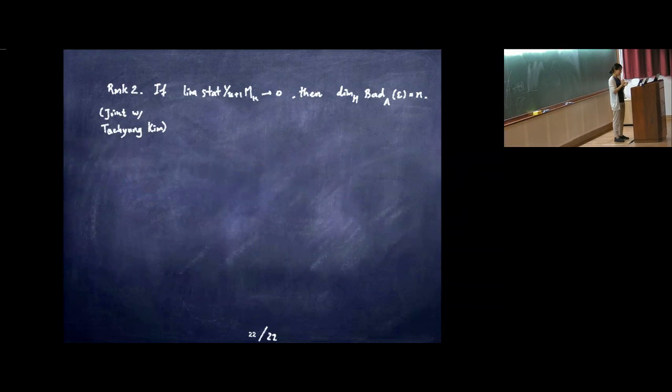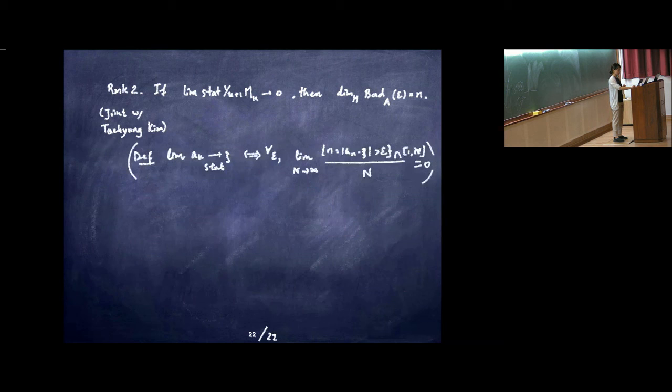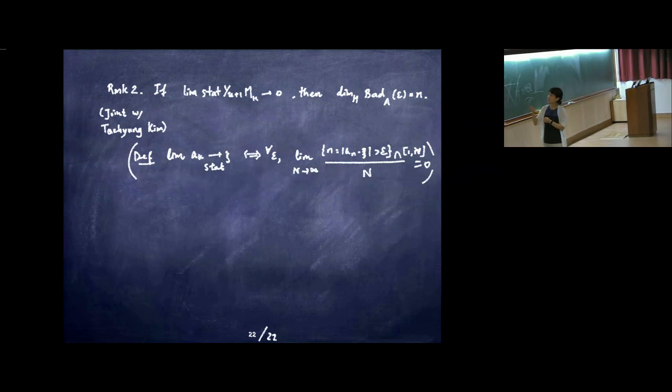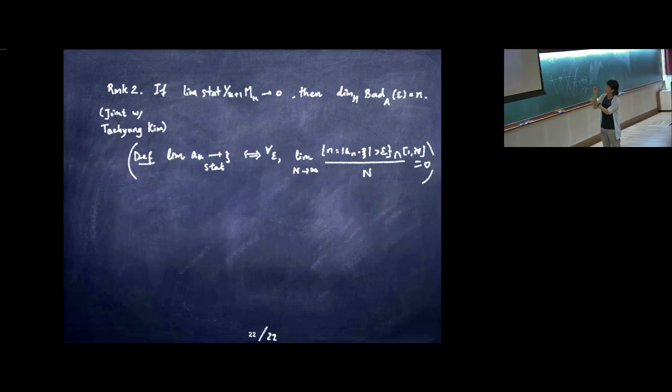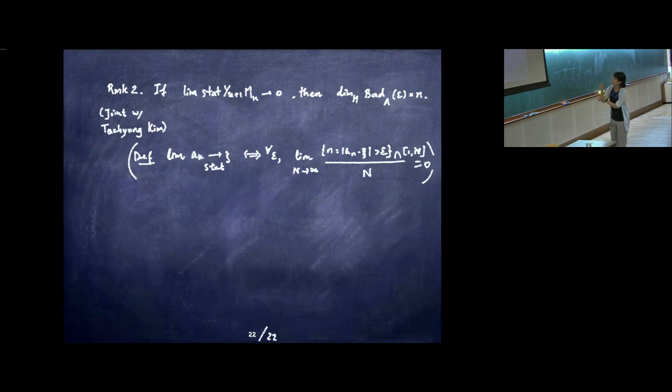The conclusion is that, hopefully we'll cover everything, but right now what we know is that if the statistical limit of y_{k+1} m_k goes to 0, then the Hausdorff dimension is full. What we mean by lim stat is that the statistical limit of ak is C if for every positive epsilon, you look at the ratio of times that it is bigger than epsilon, and that goes to 0 for every epsilon.